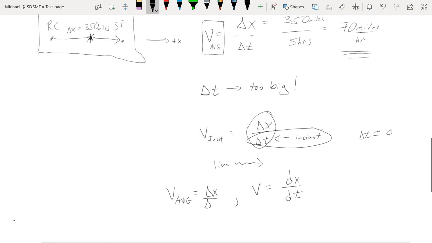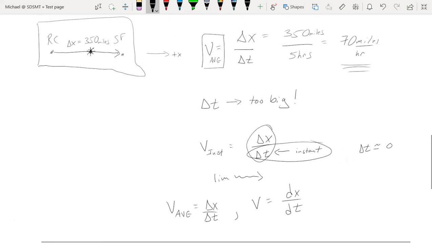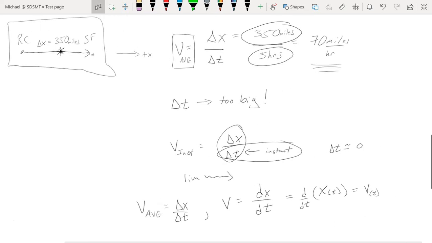For average velocity, we actually need to know what the displacement is for a given time interval. But for instantaneous velocity, in this case, I would have to have some kind of a function for my changing position with respect to time so that I could take a derivative of it, and that would produce a function for the velocity, which I could then evaluate at any instant in time.